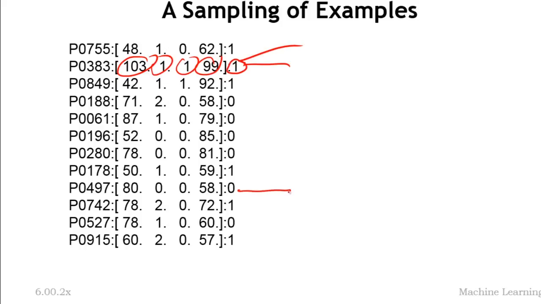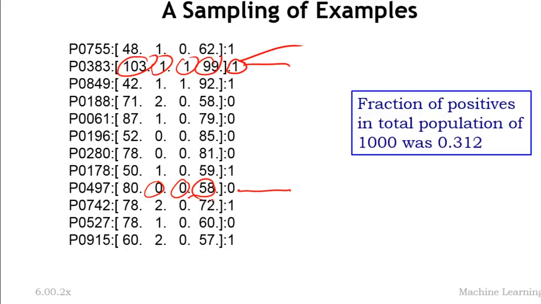Here's another patient with a good outcome, a heart rate of 80, no previous heart attacks, no ST elevation, relatively young. Not surprisingly, this person did well. The total fraction of positive outcomes in this population was about 31%.